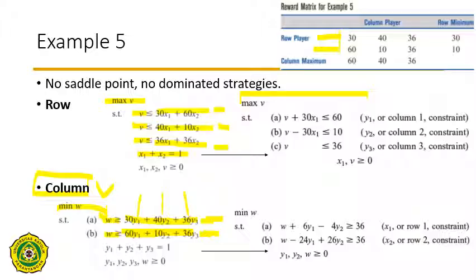Well, remember this reward matrix shows the reward for the row player. That's why when we calculate the expected reward, it is the expected reward for the row player. So now we have the linear programming model for the row player, and this is the linear programming model for the column player.